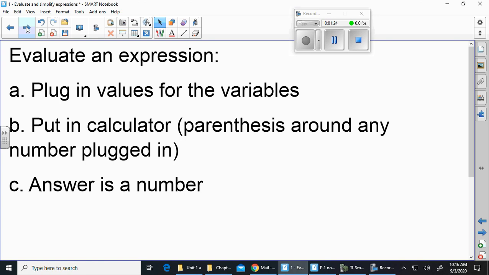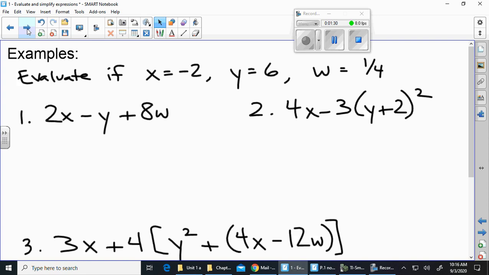When you are evaluating, your answer is a number. So if you look at these three examples, I'm just going to get out my calculator.